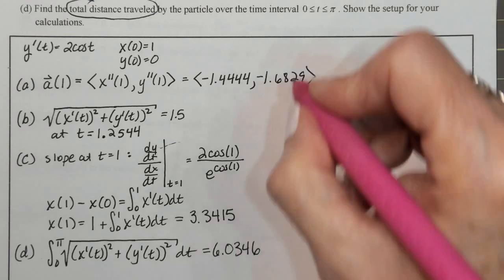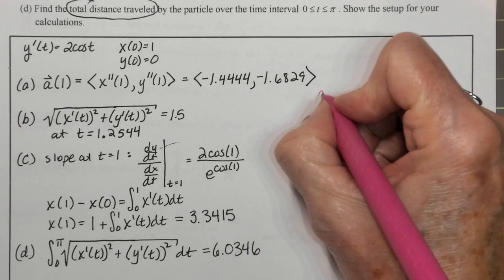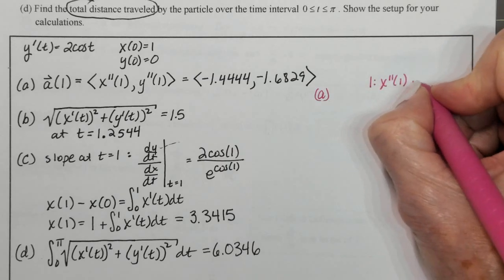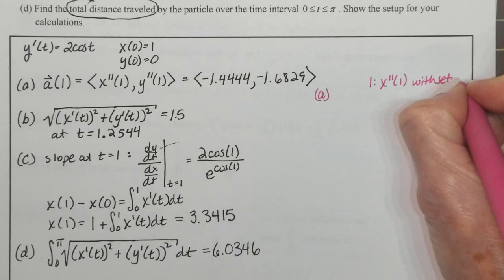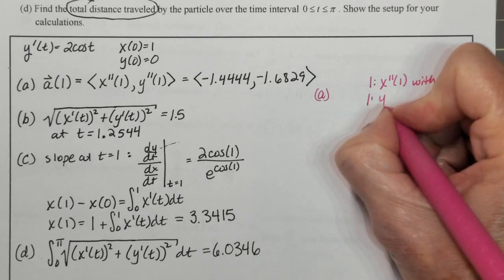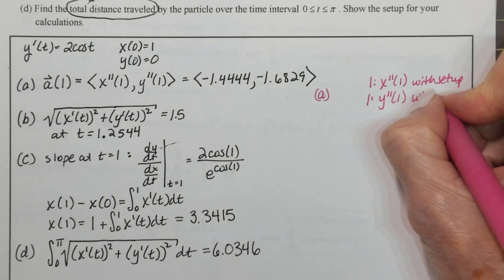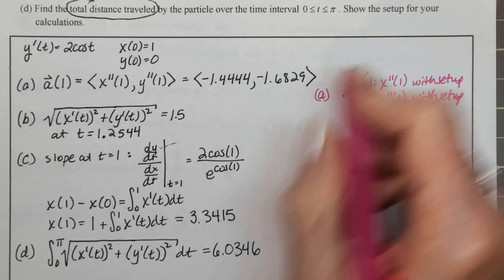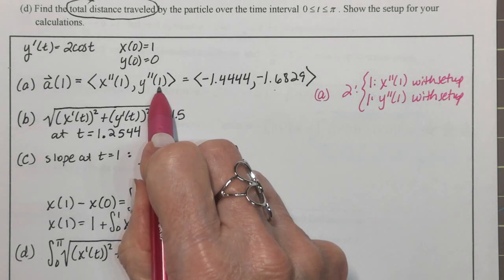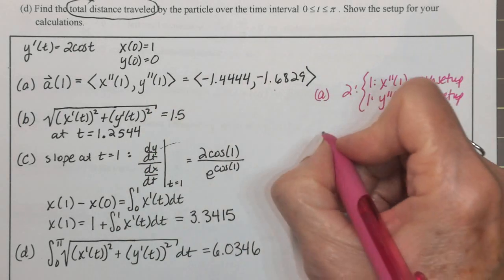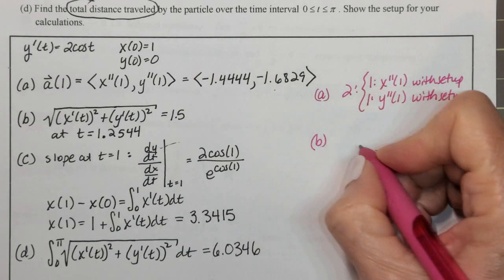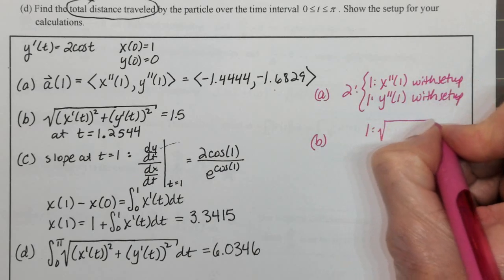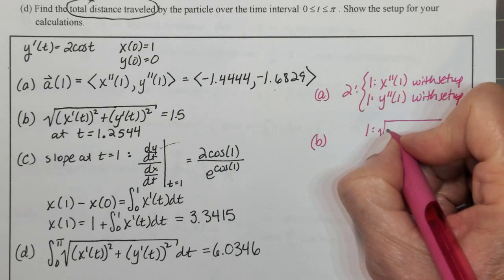Let's see how it was scored. In part A, they gave 1 point for x double prime of 1 with setup, and 1 point for y double prime at 1 with setup. Meaning, you had to say how you got that number. Part B. This was also worth 2 points. 1 point was for the speed equation.